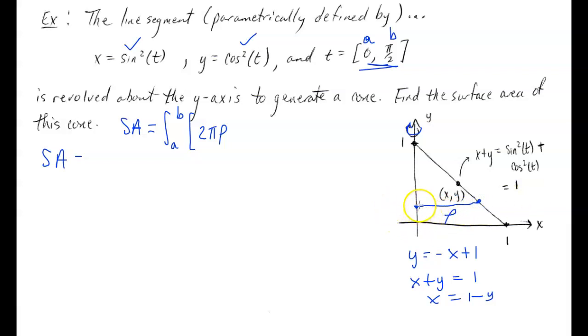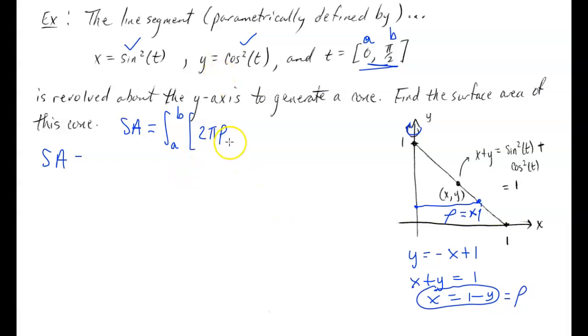Now, notice that rho goes horizontal, and essentially all it is is just a random x value. Okay, so here this is going to end up being our rho that we're going to use.